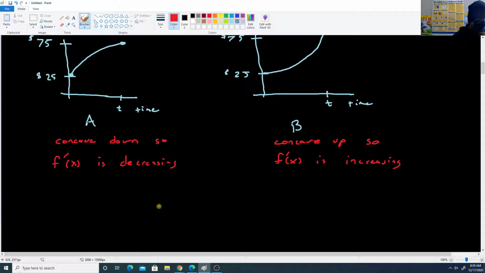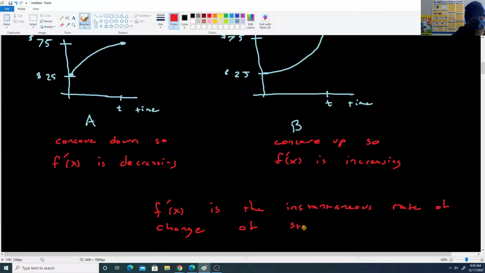F prime of x, in this picture, this represents the instantaneous rate of change of the stock price with respect to time.